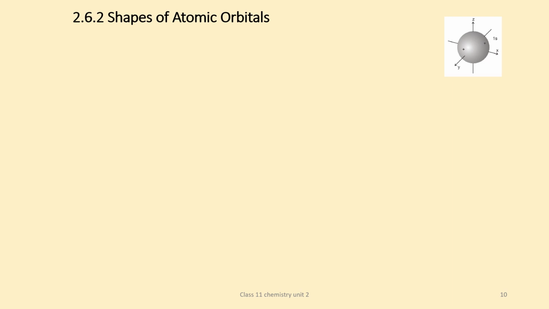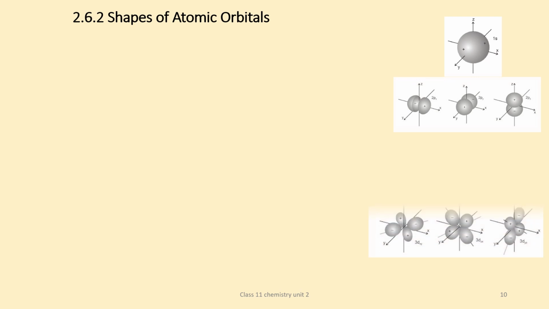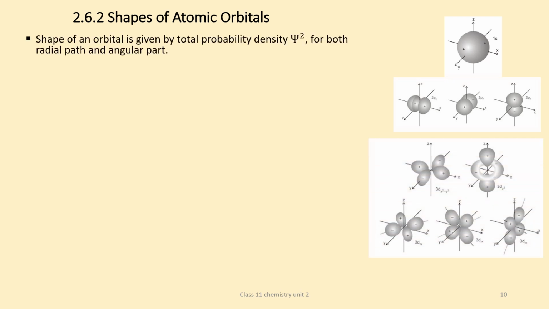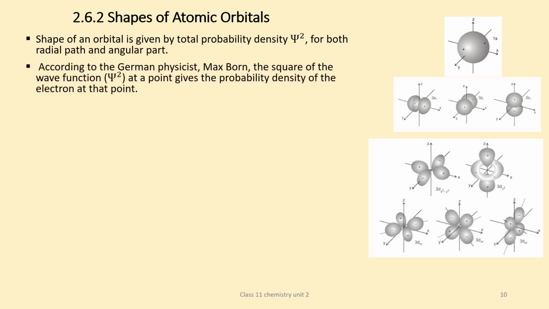However, for different orbitals, the plots of the corresponding wave function as a function of r, that is the distance from the nucleus, are different. The shape of an orbital is given by the total probability density, psi square, for both the radial part and the angular part.